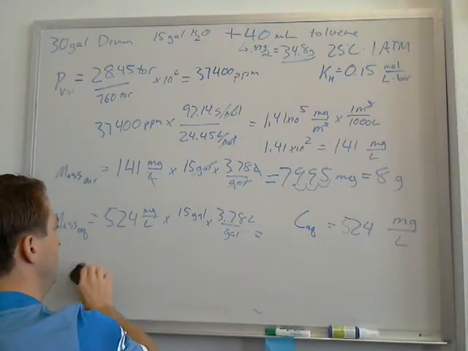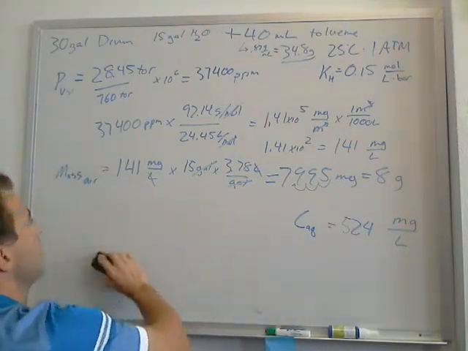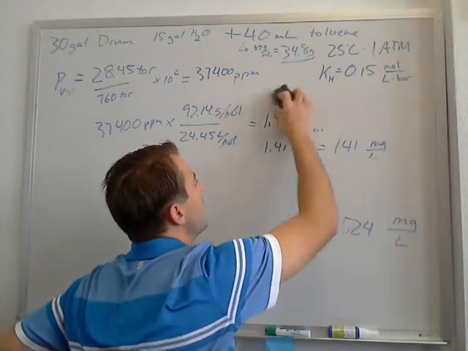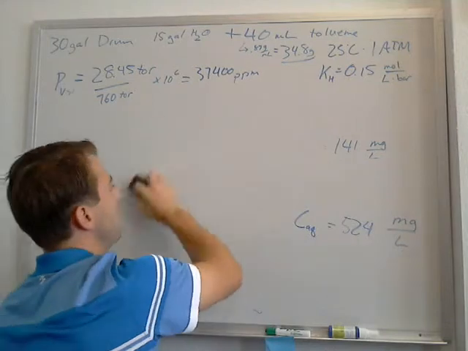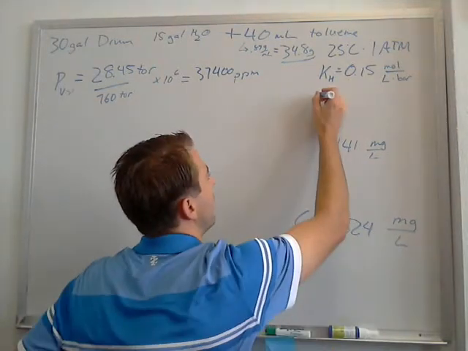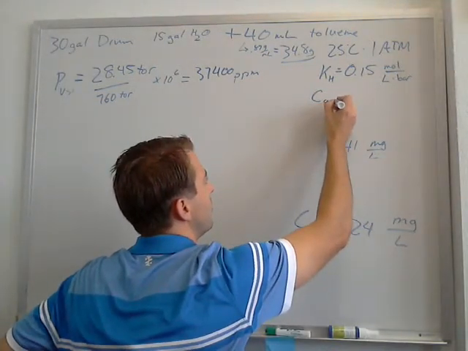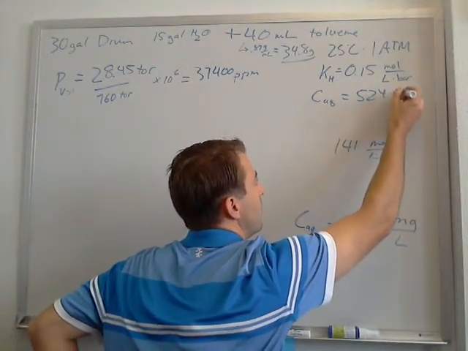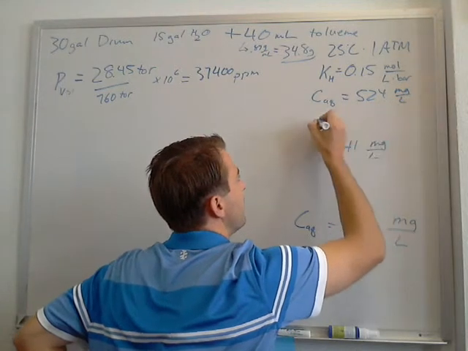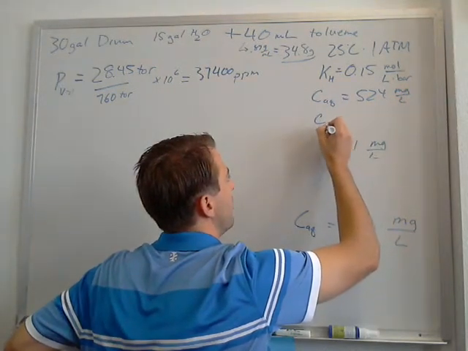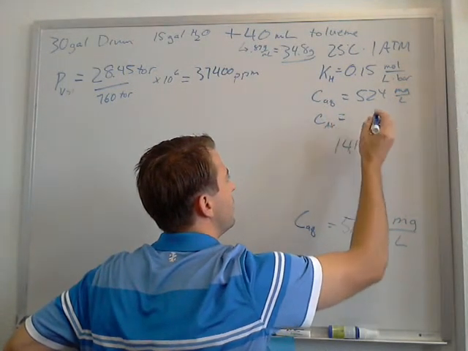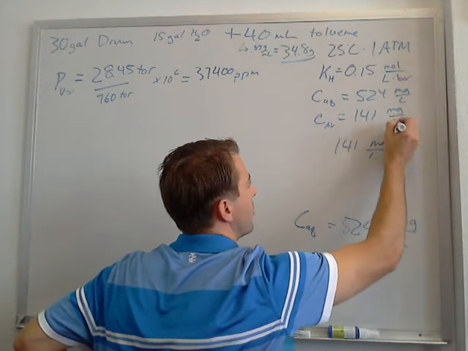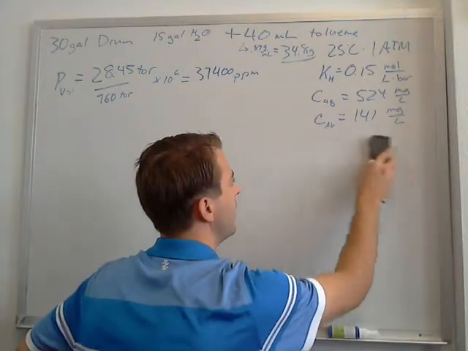So we have our concentration aqueous equals 524 milligrams per liter. Our concentration air equals 141 milligrams per liter. All right, now that's down.